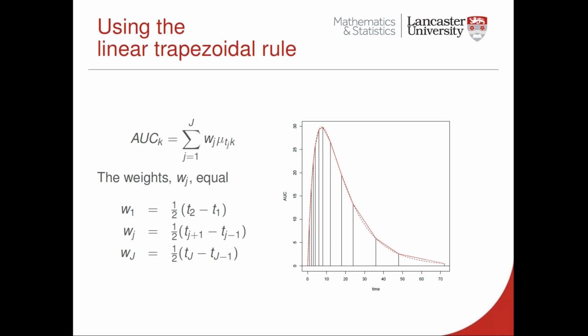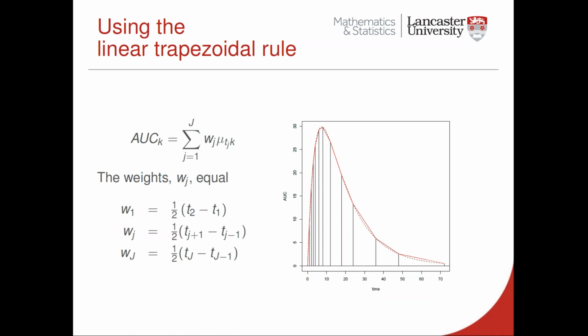Now, if we want to use a non-compartmental estimator, what we're saying is, we don't know what happens between our time points T1 and T2, and between time points T2 and T3, and therefore we're not going to assume that there is an underlying model. Instead, we're simply going to linearly interpolate between those time points.